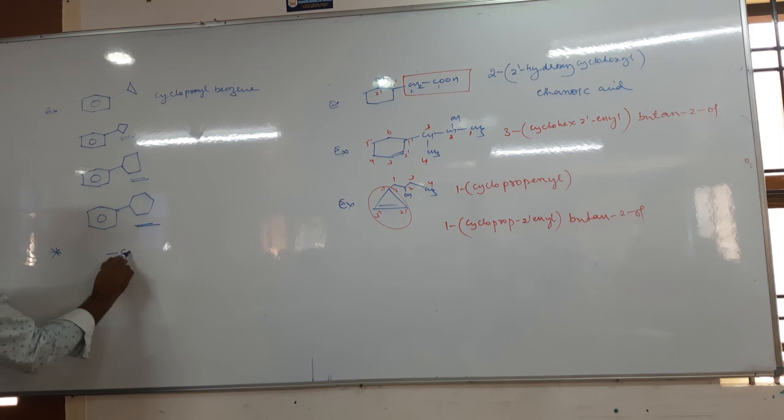Important. For example, if the carboxylic group is directly attached to the cyclic ring, it is not called alkanoic acid.